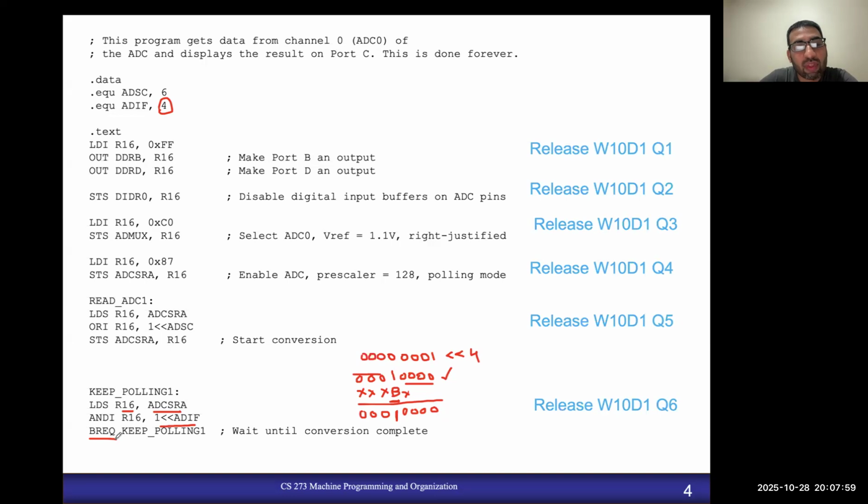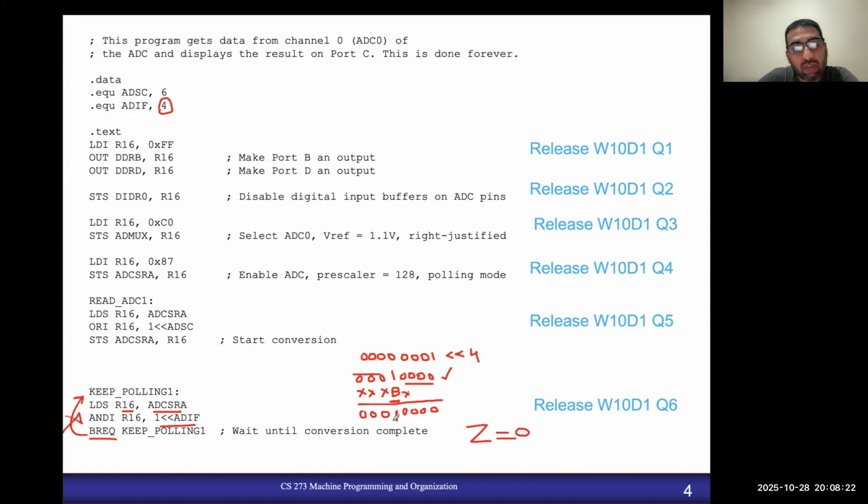It checks whether the Z flag is equal to 1 or not. When is the Z flag equal to 1? When the result of the operation is 0. But our result is not 0, so Z is equal to 0. The flag is not 1, so we will not go back.